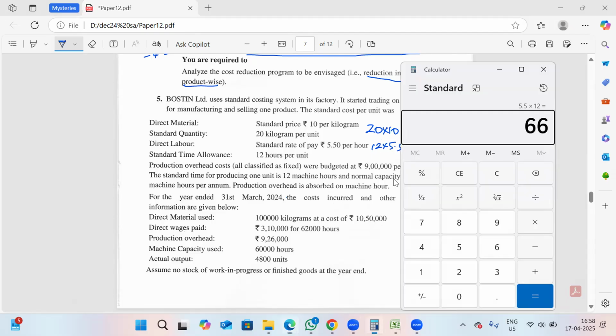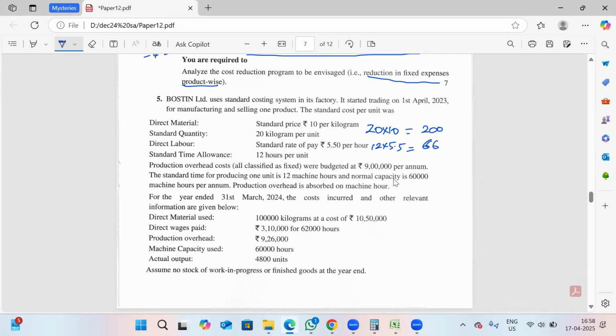So 9 lakhs divided by 60,000, I will get 15. So my overheads will be 15 rupees per hour.